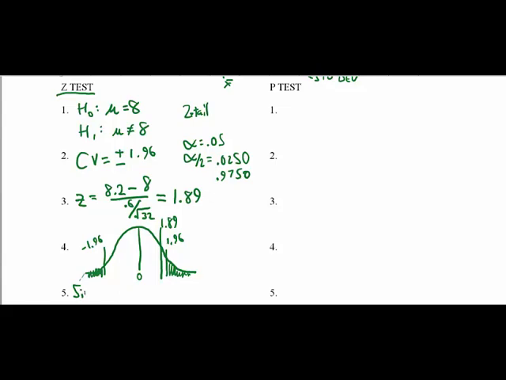So since 1.89 is less than 1.96, you could also say 1.96 is greater than 1.89, we will not reject the null hypothesis. We don't ever say that we're going to accept the null hypothesis.